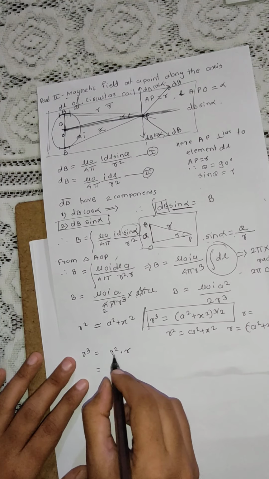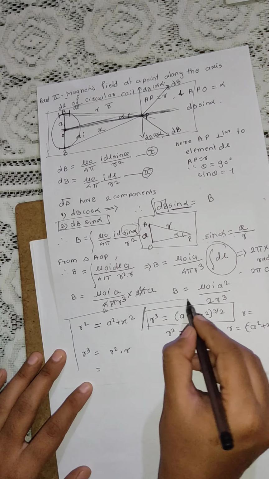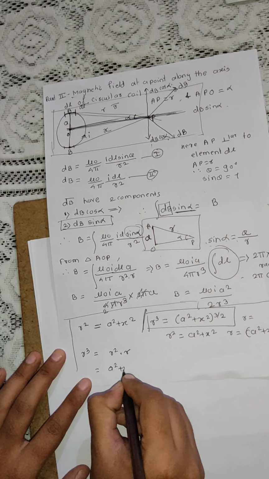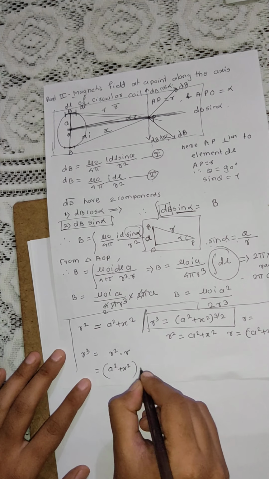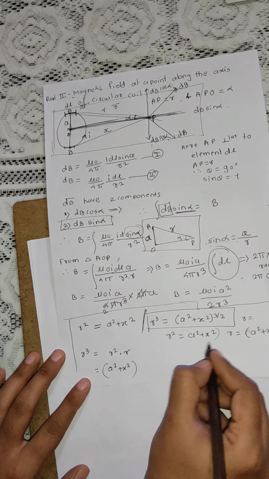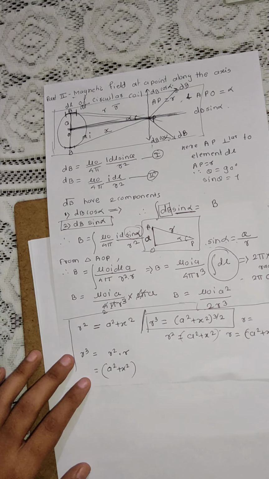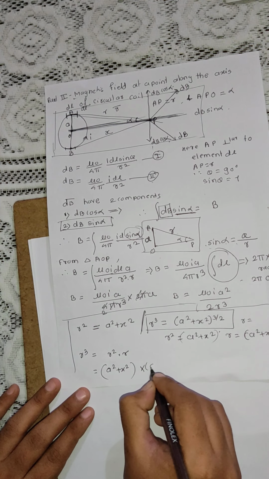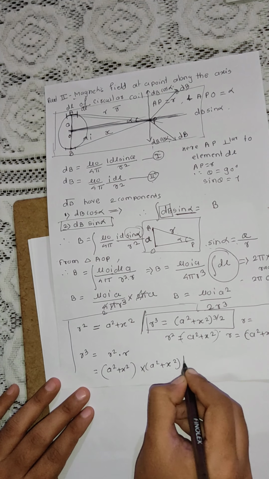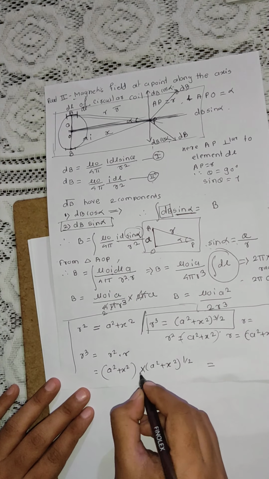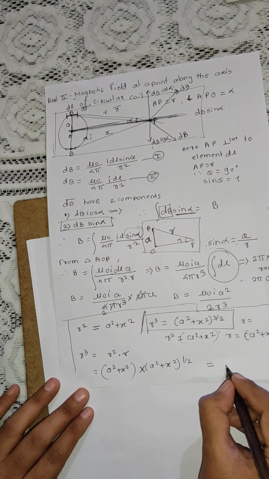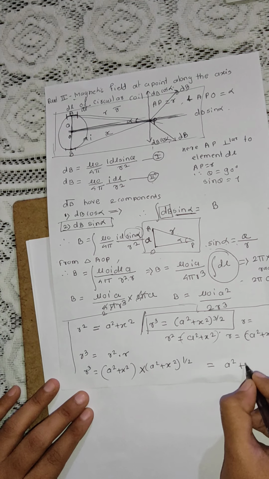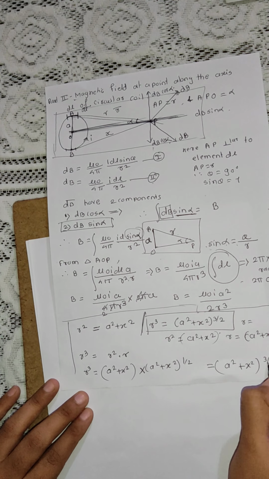Substitute the value: a square plus x square into a square plus x square to the power 1 by 2. If you solve this, we get r cube equal to a square plus x square to the power 3 by 2.